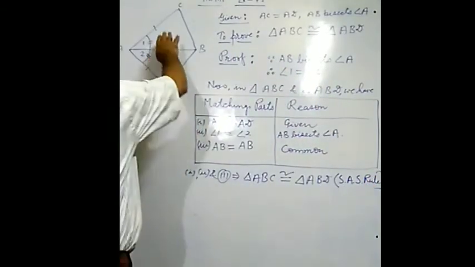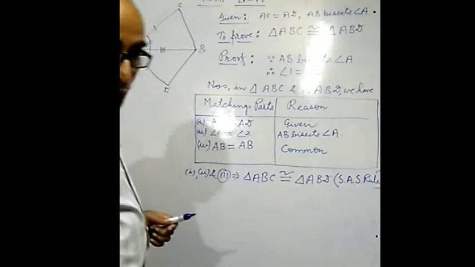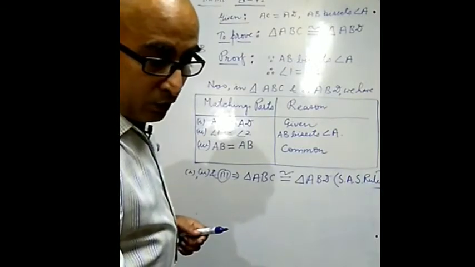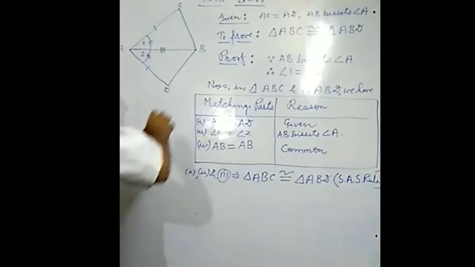Now both the triangles, upper one and lower triangle, are congruent. It is asking in the question, what can you say about BC and BD? Mark about BC and BD.